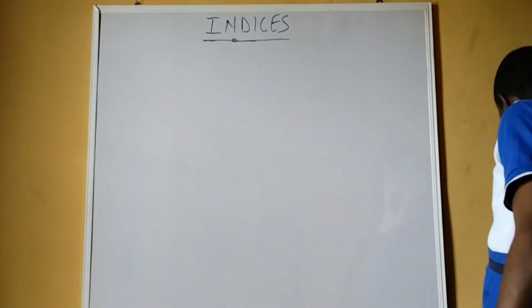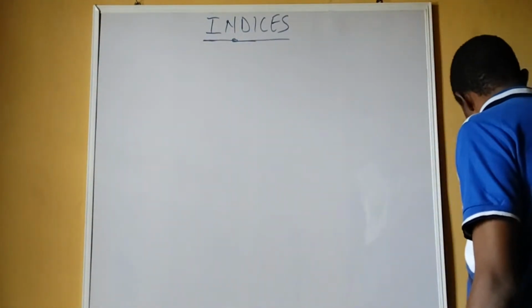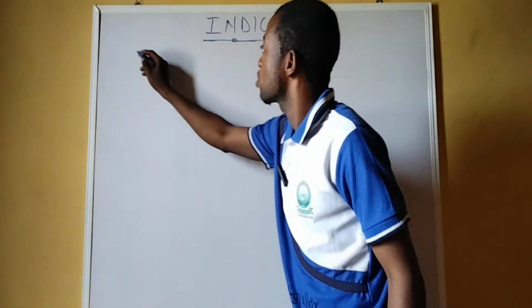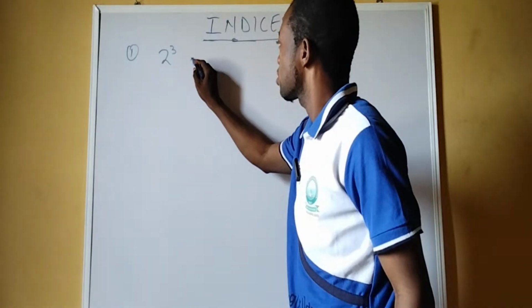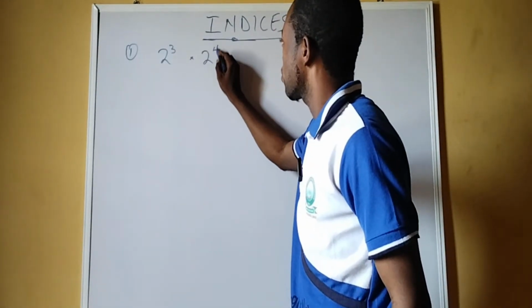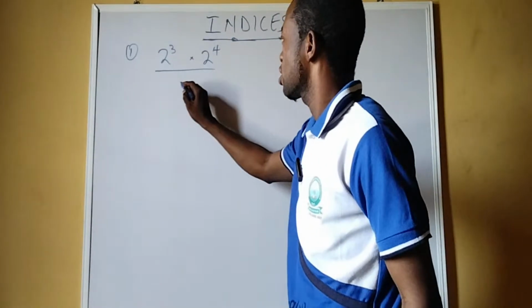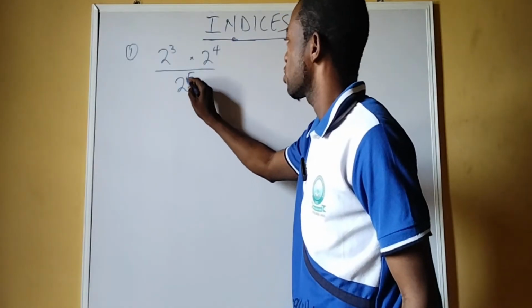Now, I want to look at some examples. Let's look at number 1. We have 2 raised to power 3 times 2 raised to power 4 divided by 2 raised to power 5.